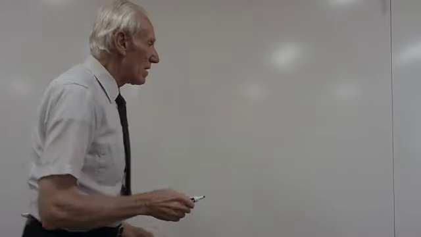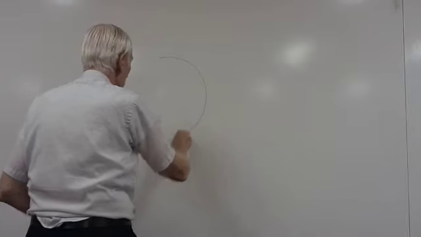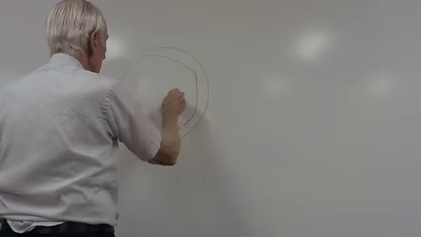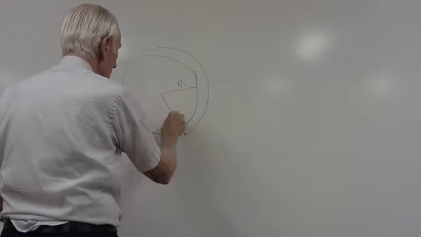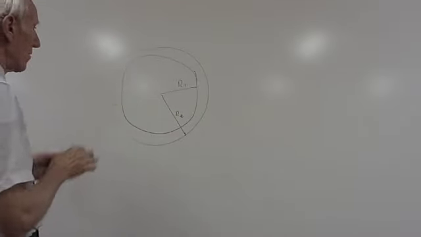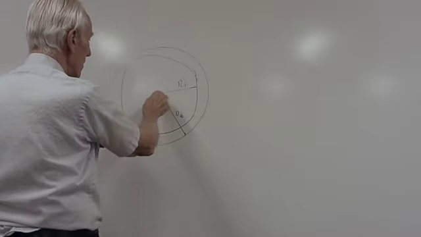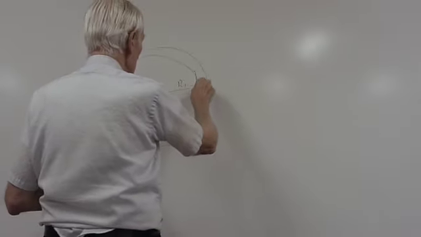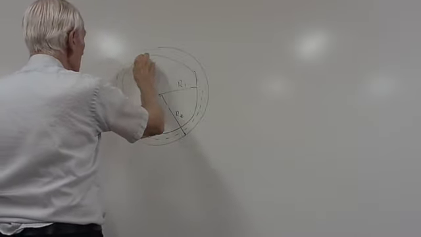So the moment of inertia of a thick ring is, here's our thick ring. Again, it has an inner radius, r sub I, and an outer radius, r sub O. And if that ring were a theoretical thin ring, where all the mass was concentrated at the same distance from the axis of rotation, that would be the average radius, which would be along this dashed line.